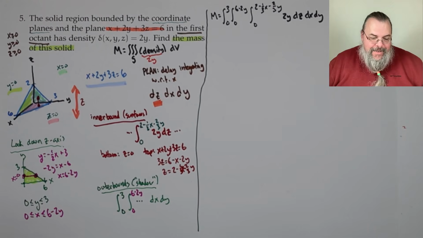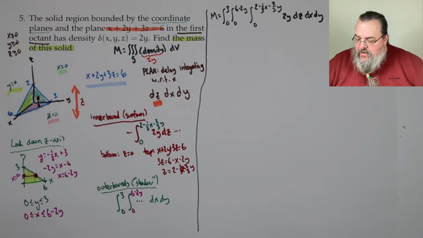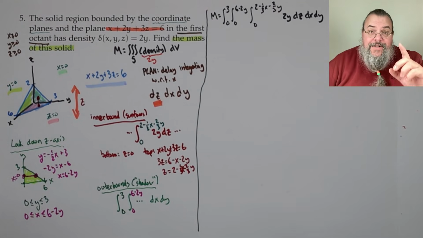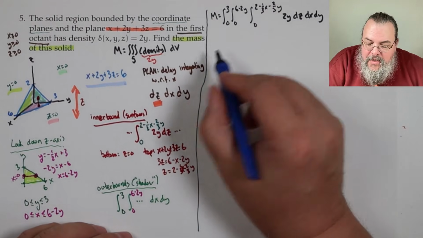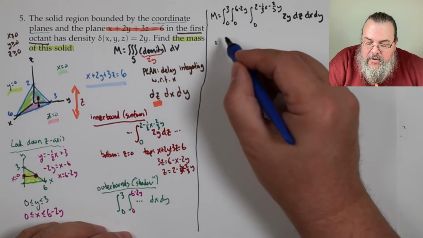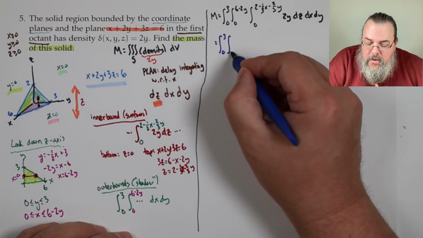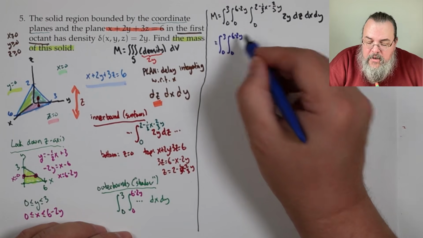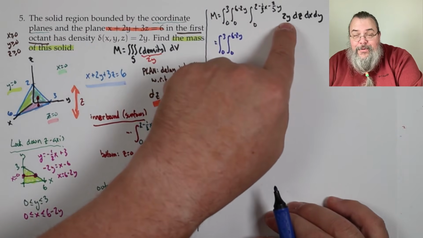Start integrating. All right, one layer at a time, till we can get the integral that we need. Integrating with respect to z, 2y is constant, right?